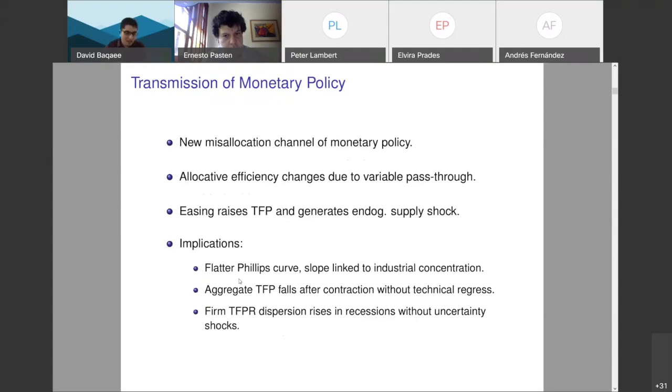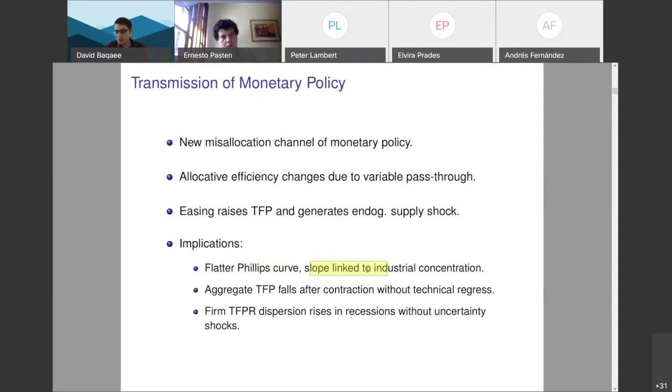I'm saying as if it is an endogenous positive supply shock because resources are being used more efficiently in the economy. What this means, though, is because there's this positive endogenous supply shock that comes with the demand shock, that means Phillips curves are going to be flatter. And because Phillips curves are flatter, that basically is one way to say monetary policy is more powerful than in a model that doesn't have this ingredient.